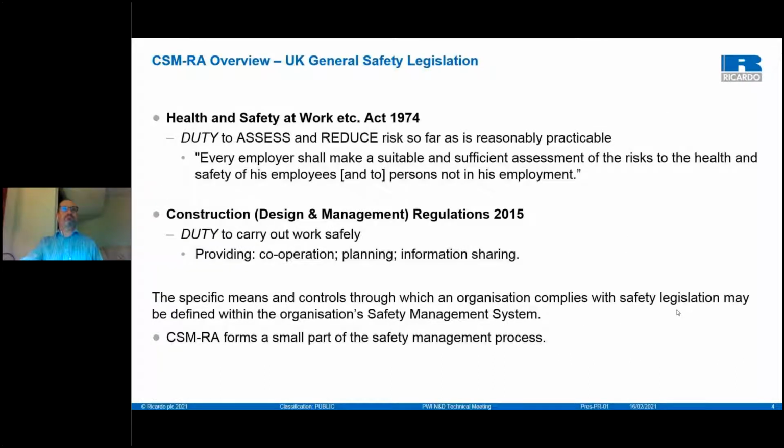Okay, just a quick overview of general safety legislation that all organisations need to comply with. The Health and Safety at Work Act has the requirement that it is an employer's duty to assess and reduce risk so far as is reasonably practicable. So it is a practice that is already well established.